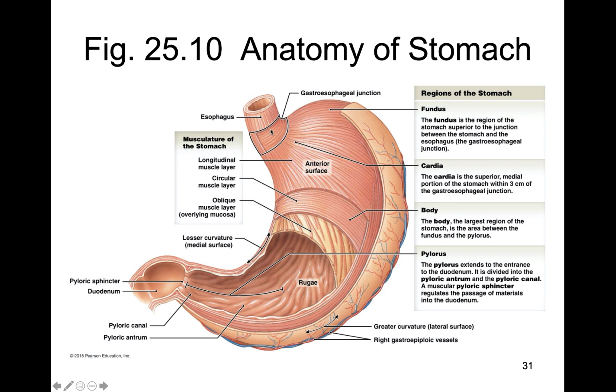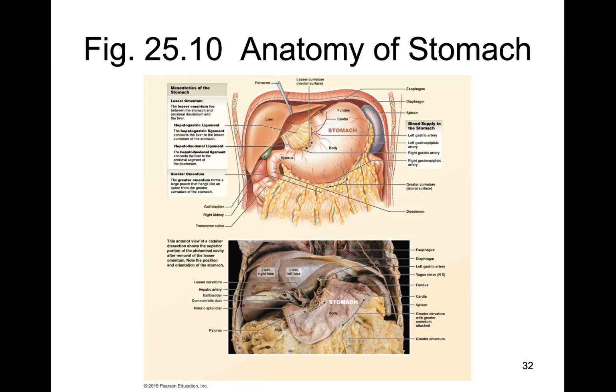Again, the top part is called the fundus body, and then you have the pylorus of the stomach, and then the pyloric sphincter, and this is where the small intestine starts, and the first part of the small intestine is called the duodenum. On this picture, I want you to notice the omentum, which is this tissue with the adipose.